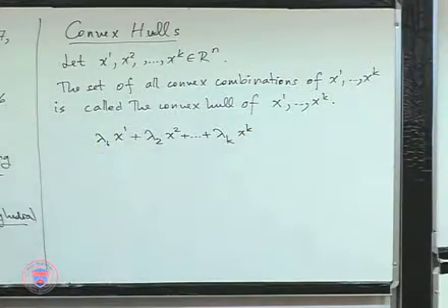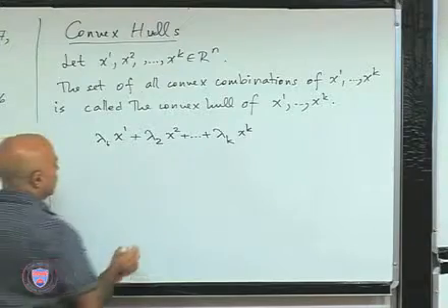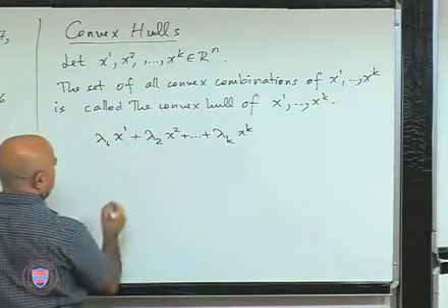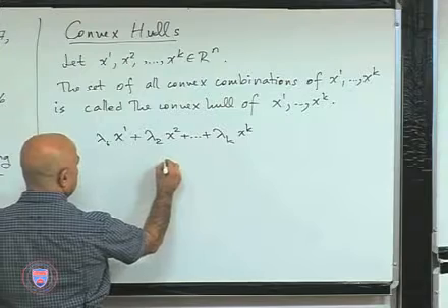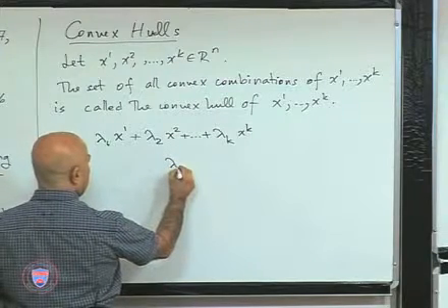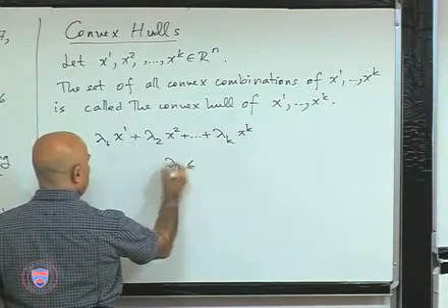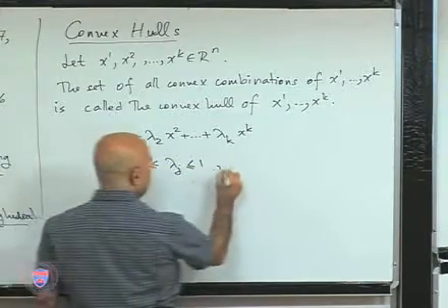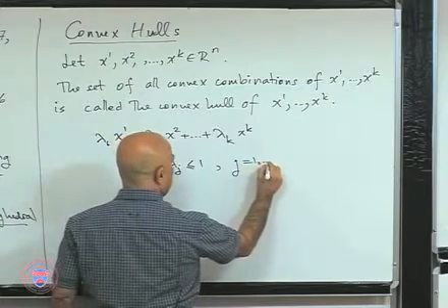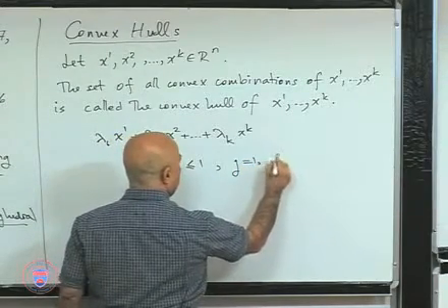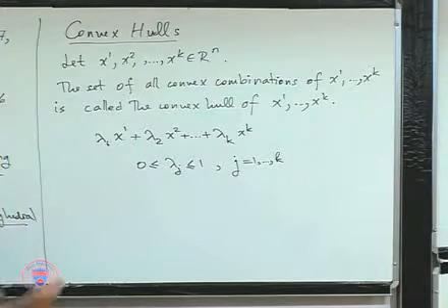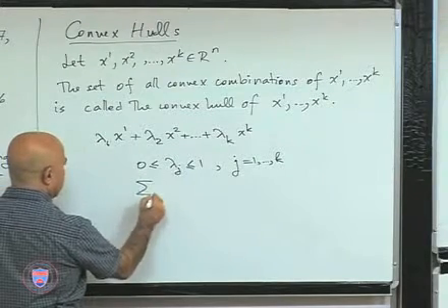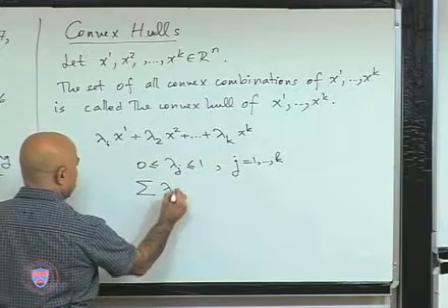So each vector is multiplied by a scalar lambda j, the jth one, and that forms a convex combination if you require each lambda to be a number between 0 and 1, together with the fact that they add up to 1.